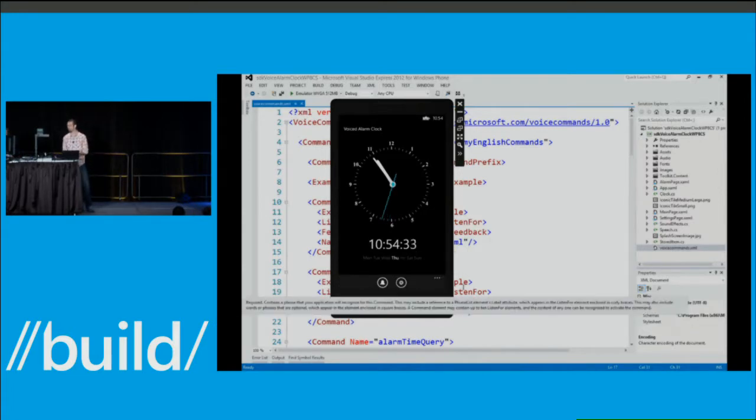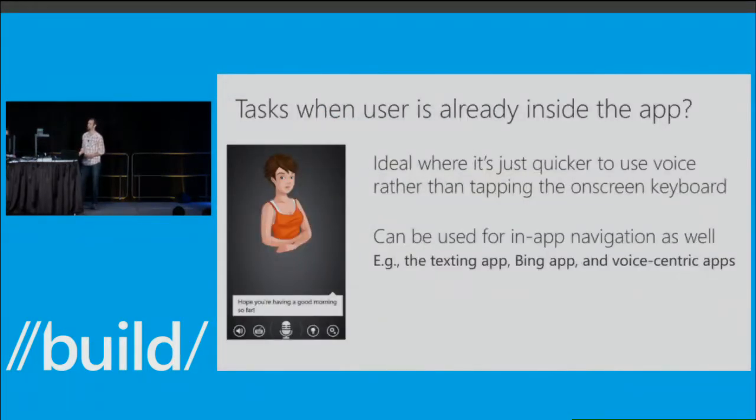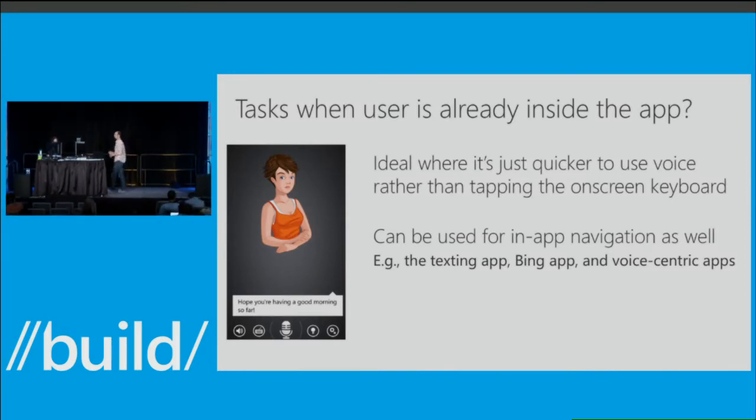And so that brings me to my next point. Liz, if you can jump over. Thanks. There are some capabilities when the user is already inside your app. What happened was I used voice command to jump into the app, and then the app confirmed, using in-app speech, turning that on. This is great, as Meg talked about, when it's just quicker to use voice rather than tapping on the screen.